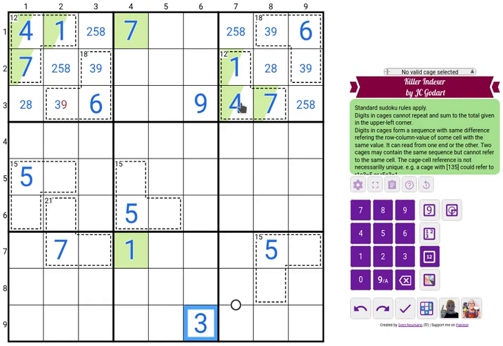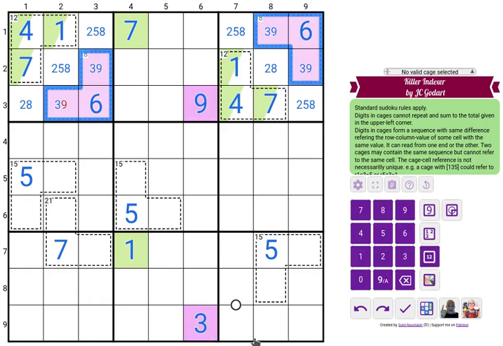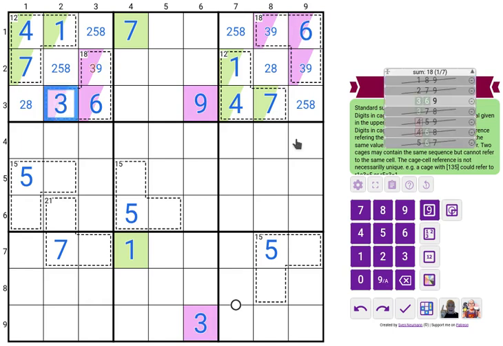here, and so these are the cage. So this fixes the 3 and the 9.